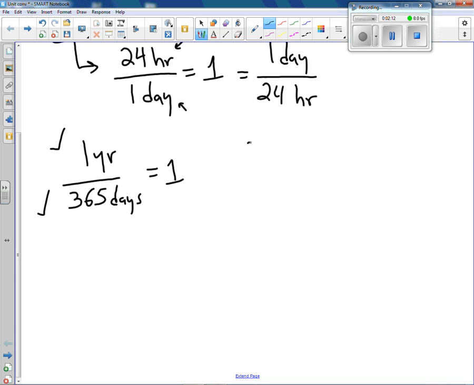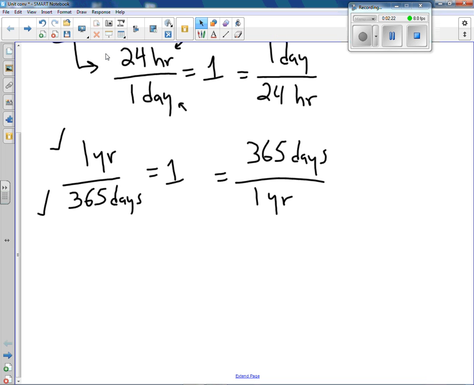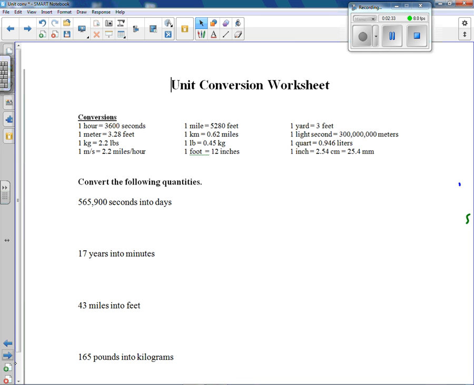Also, you could have written the reciprocal: 365 days is the same thing as 1 year. And that would also be equal to 1. So, when we go to convert one unit to another type, we multiply by 1 in some kind of ratio form. Let's go to the next page, and you actually have this as a worksheet.